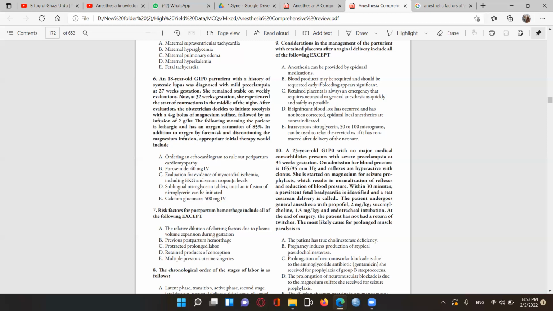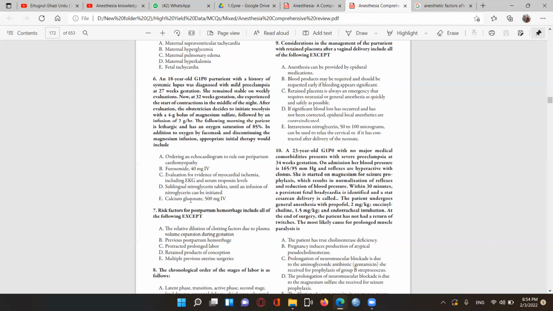Evaluation of evidence of myocardial ischemia, including ECG and serum protoporphyrin levels. No, sir. Okay. This may be needed, but it is not the initial therapy. Sublingual nitroglycerin tablets until an infusion of nitroglycerin can be initiated. No, this is not the requirement.